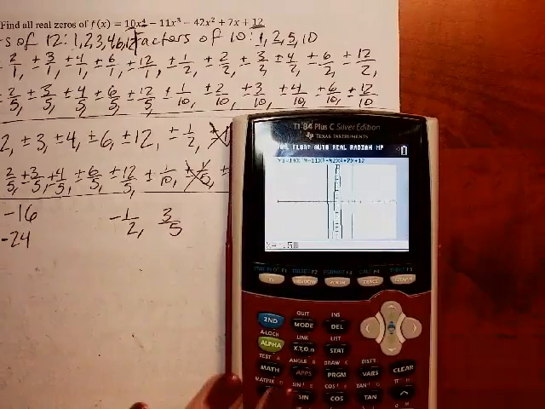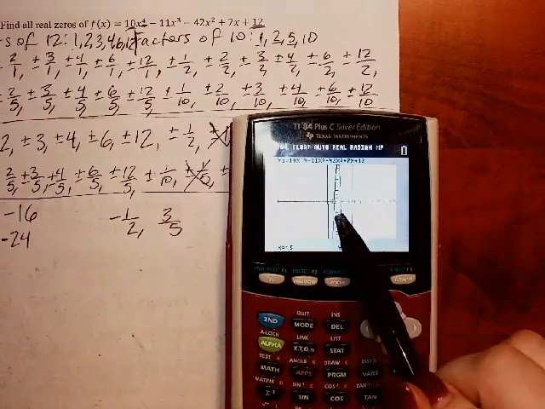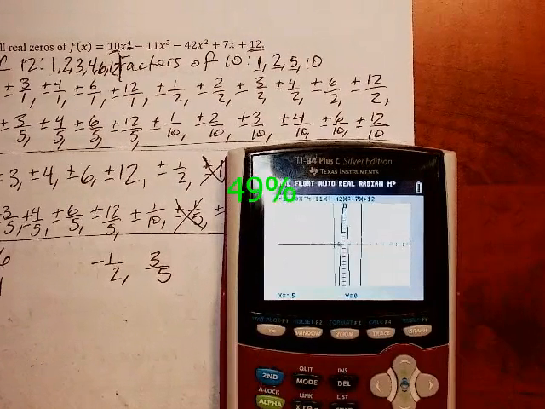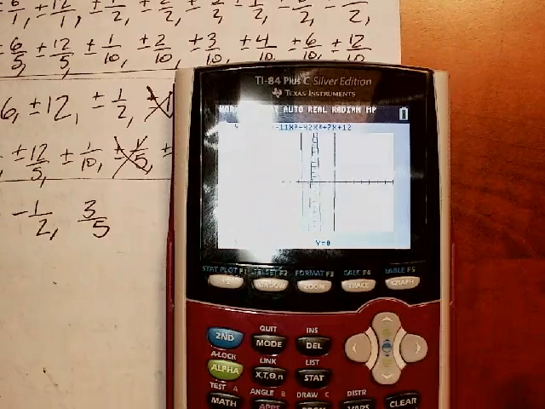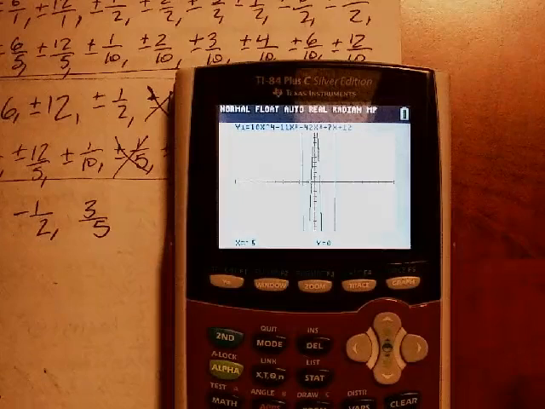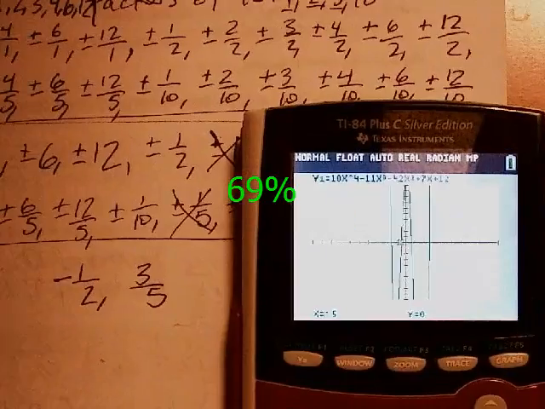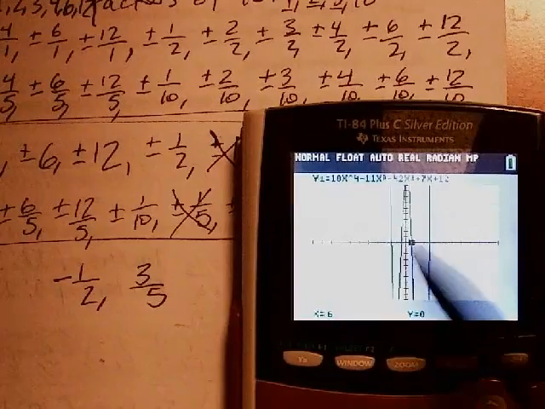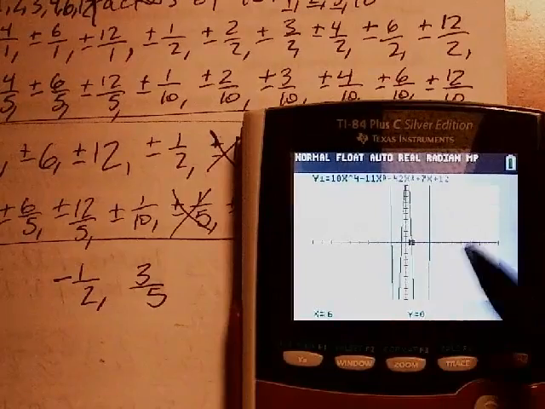Negative 1/2 is that one right there. So negative 1/2 is this one. 3/5 is this one. So now we have these two on the outside that we need to find still.